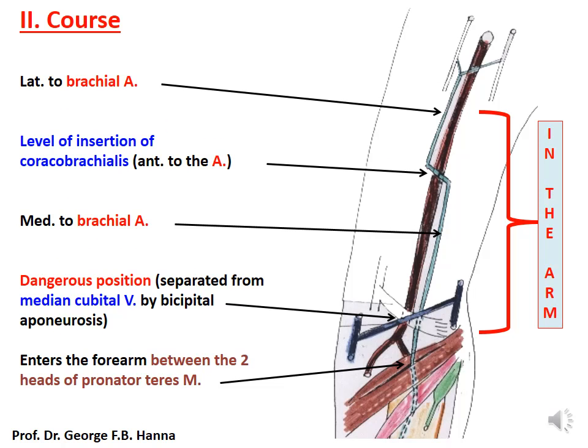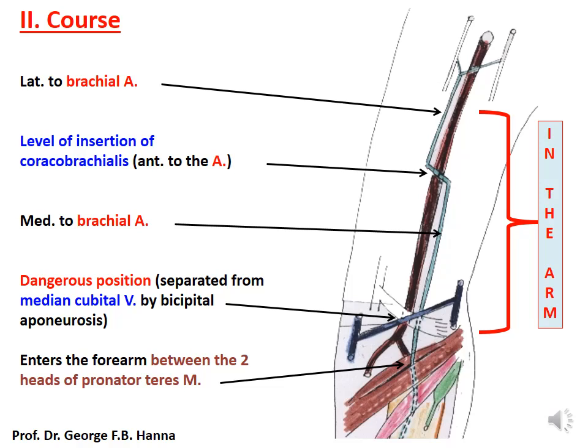Now let us see the course of the median nerve. Let us look at the diagram and see the arrows and the writing on the left side of the screen. We agreed that it continues on the lateral side of the brachial artery till the level of insertion of coracobrachialis.